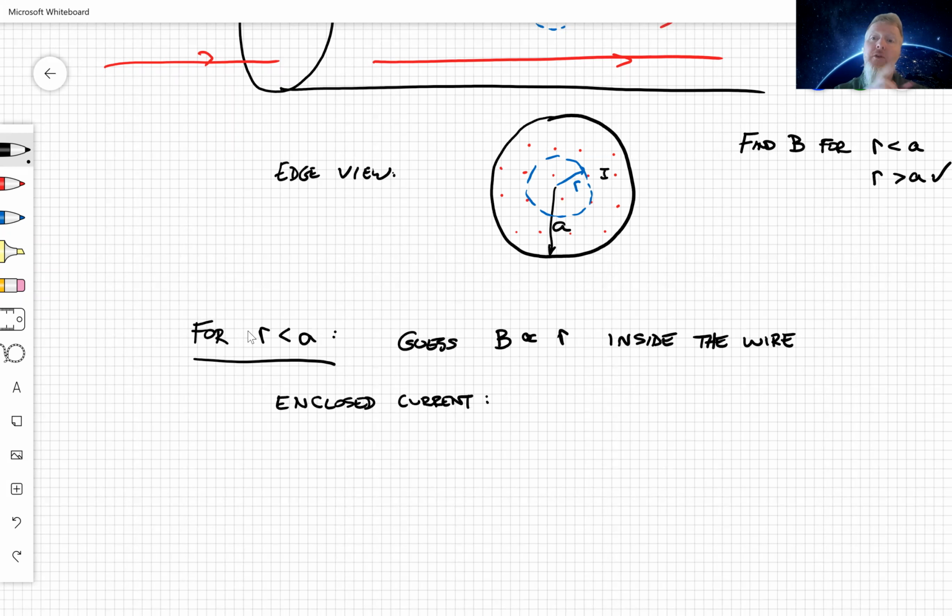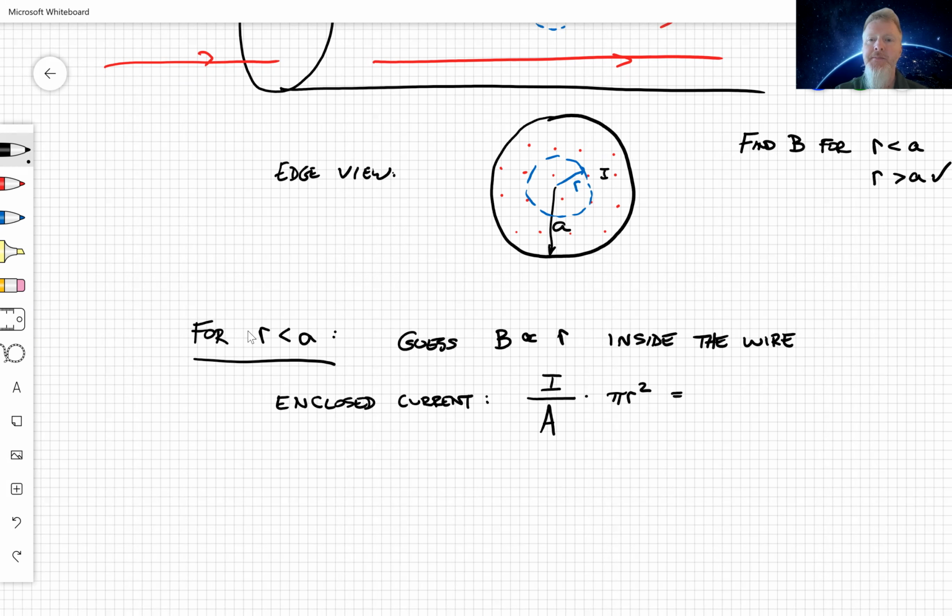But remember, I told you it was uniformly distributed over the area. So the enclosed current is going to be some amount of I, ratioed by the areas. So I'm going to take the total I of the wire, divide by basically the capital A, which is the full area of the wire, and then multiply by pi r squared, which is the loop surface, right?